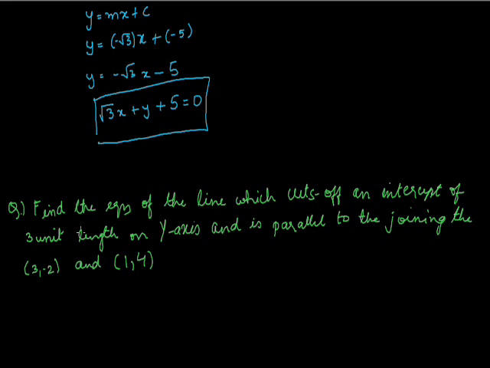So here's the question. Find the equation of the line which cuts off an intercept of 3 unit length on the y-axis and is parallel to the line joining, beg your pardon, it should be the line joining the points (3, -2) and (1, 4).